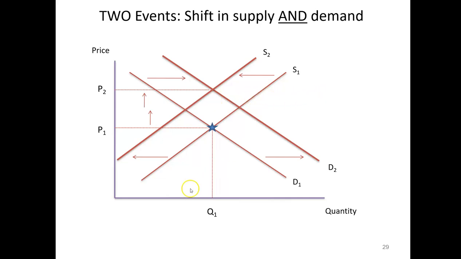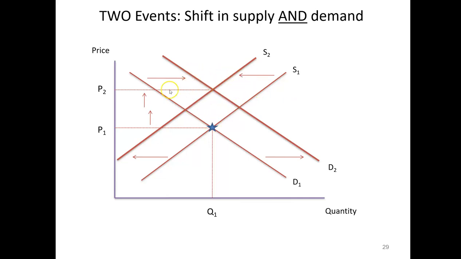However, as far as the size of the market, it's a little more ambiguous what's going to happen unless you know which of these two events is more significantly impacting the market. Is there going to be a big increase in demand and only a little bit of a decrease in supply, or vice versa?